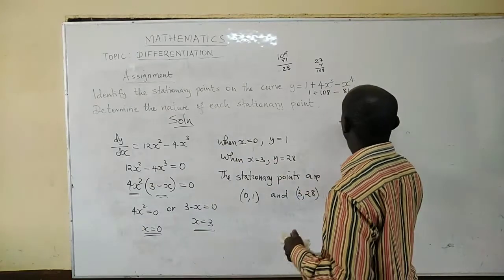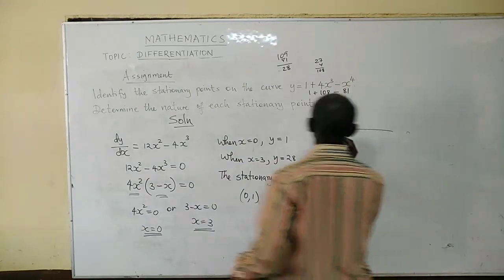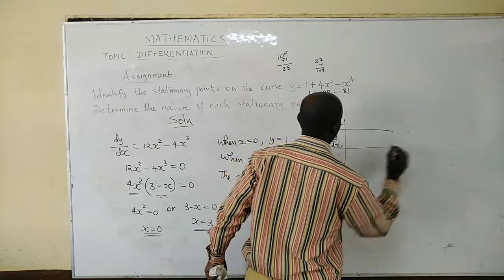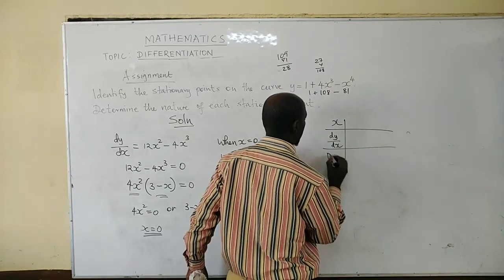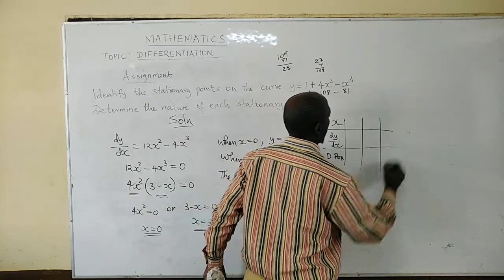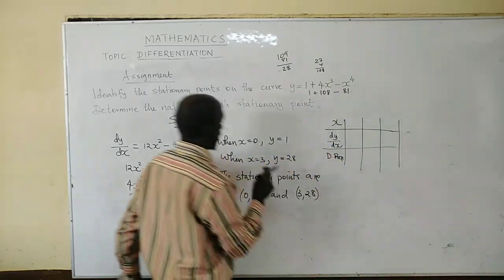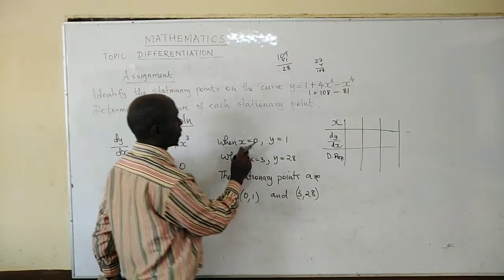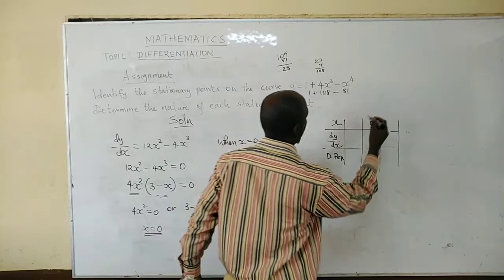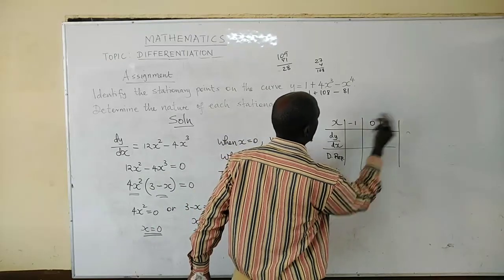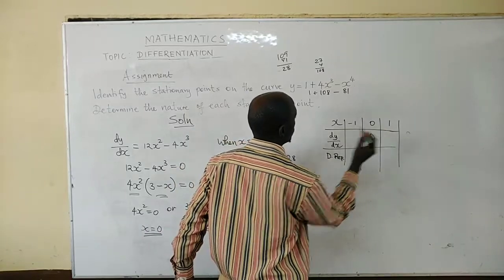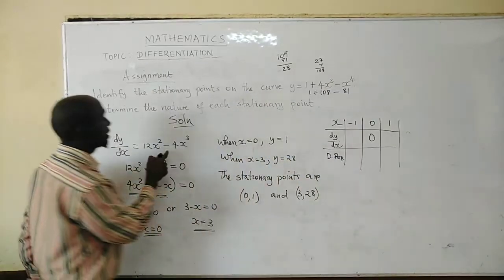For the first one, x, dy dx, then diagrammatic representation. I hope you remember how to do that. So for the first one, x is 0. Then to the left of that, we have negative 1. To the right, we have positive 1. Remember, when x is 0, dy dx will be 0.